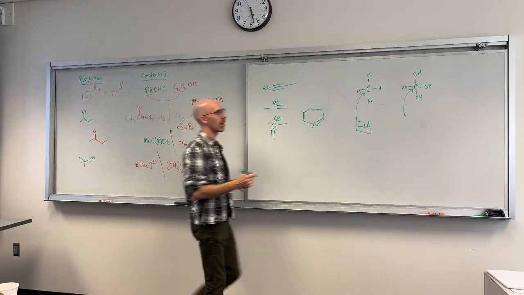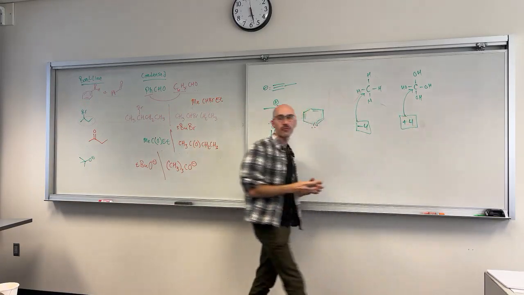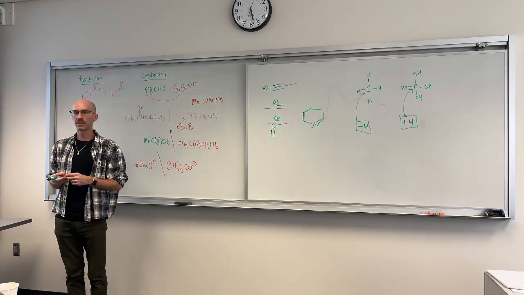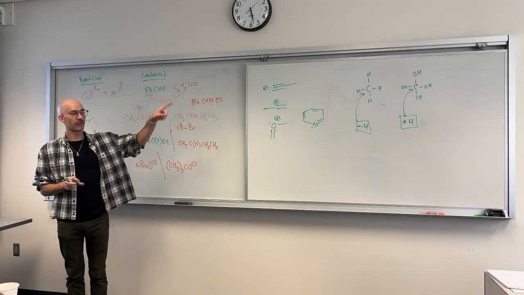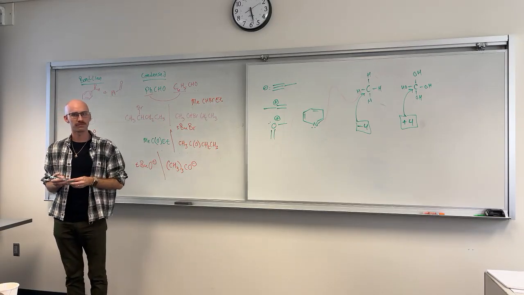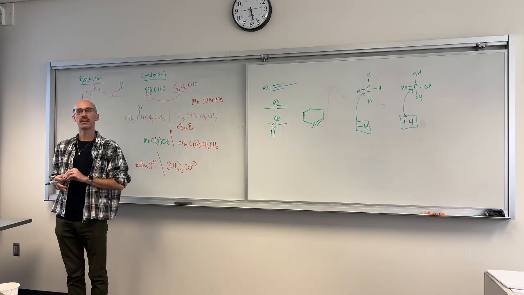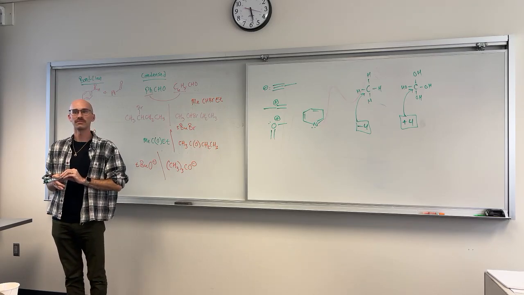+4. Each oxygen steals an electron from carbon, and so it gets a +4 oxidation state. What is the oxidation state of oxygen in each of those alcohols? Good guess. -4. Each one is -2.